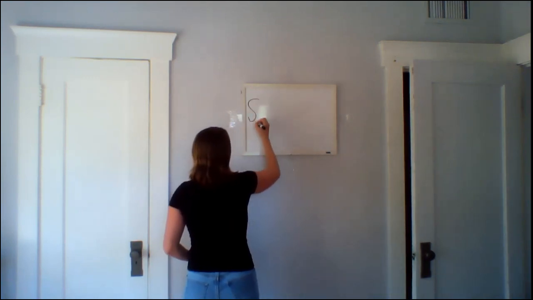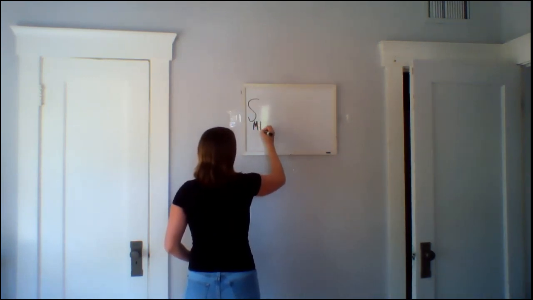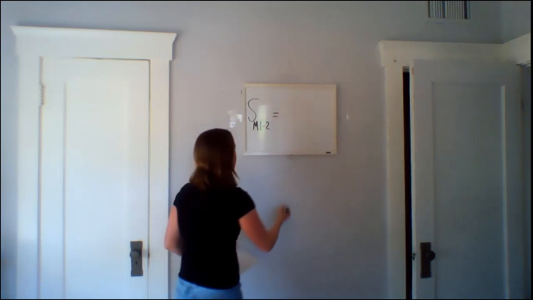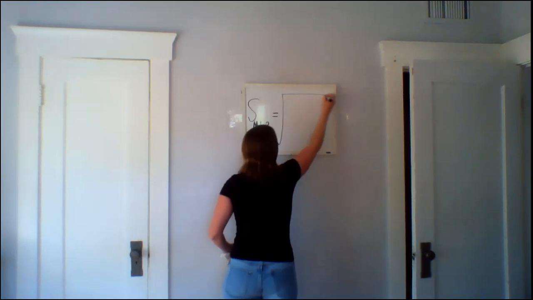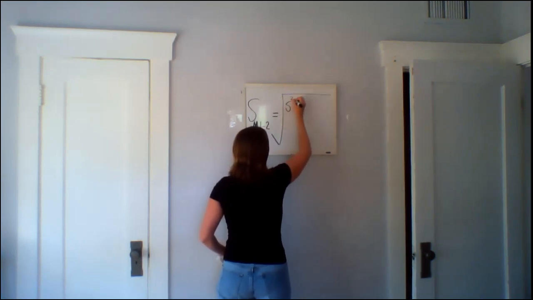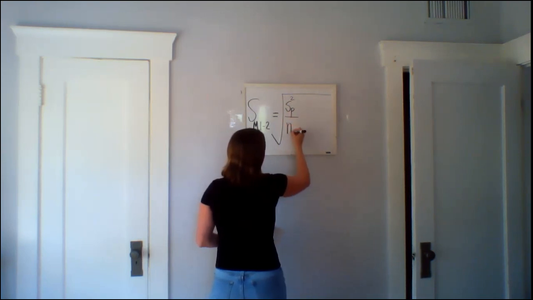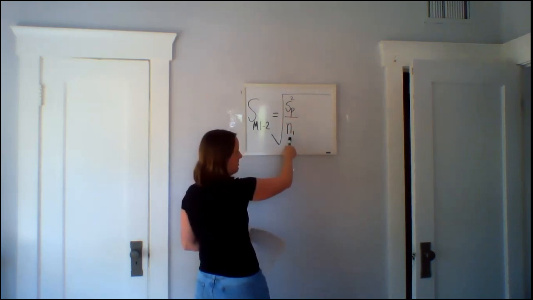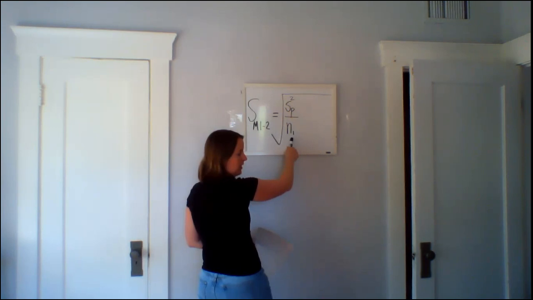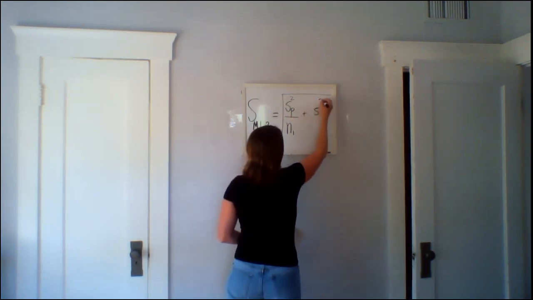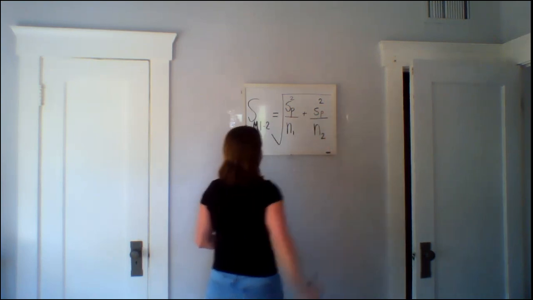Well, the estimated standard error for the mean difference between group 1 and group 2 is the square root of the pooled variance over the sample size for group 1. Note sample size, not degrees of freedom. We're going to plug in the full sample size here, plus the pooled variance over the sample size for group 2.